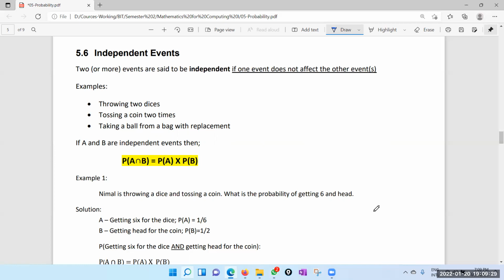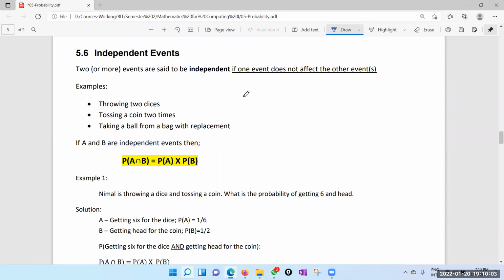For someone who has not thought about probability seriously, the most difficult part is differentiating those two concepts: mutually exclusive versus not, and independent versus not independent. So if two events are independent, like throwing a dice and tossing a coin, or tossing two coins, they are independent. Why?